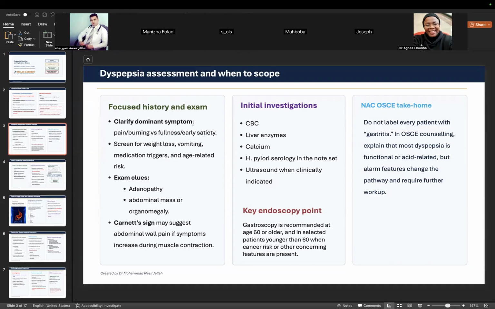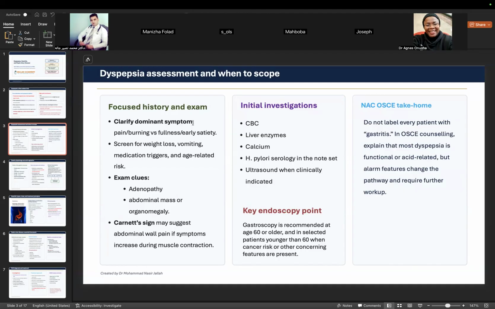Screening for weight loss, vomiting, medication triggers, and age-related risk, which we did mention. Exam clue, adenopathy, abdominal mass, or organomegaly. Carnett sign may suggest abdominal wall pain if symptoms increase during muscle contraction. That's why usually we ask the patient to raise their head to see if that's positive or negative.